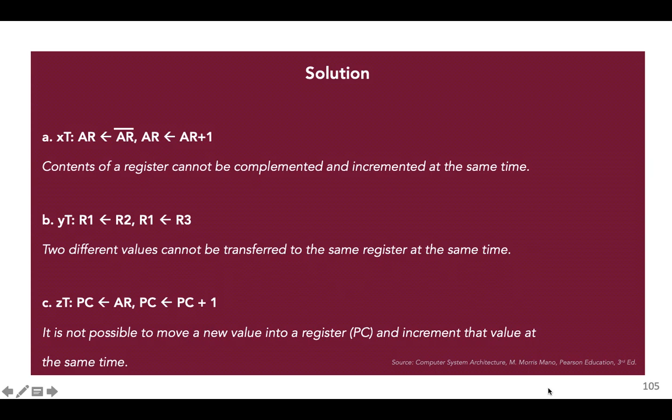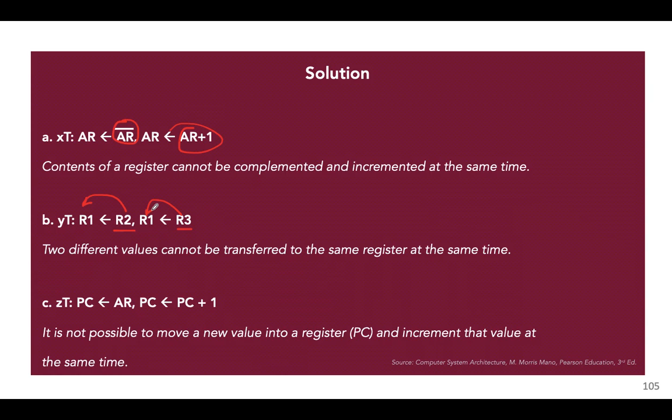The first one, see, the contents of a register cannot be complemented and incremented at the same time. You can't complement AR and add 1 to AR at the same time. Similarly, two different values cannot be transferred into the same register at the same time. You cannot have both R2 and R3 going into R1 at the same time.